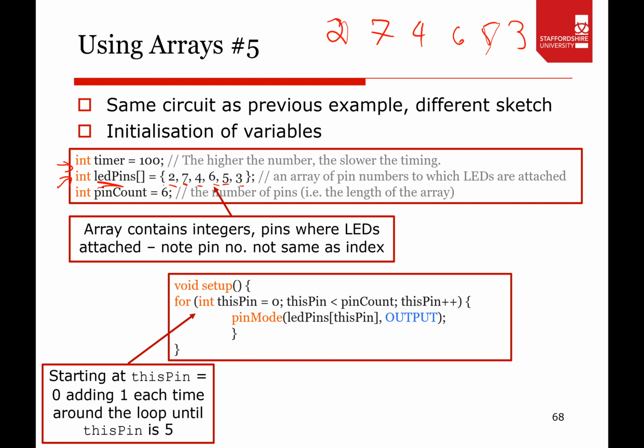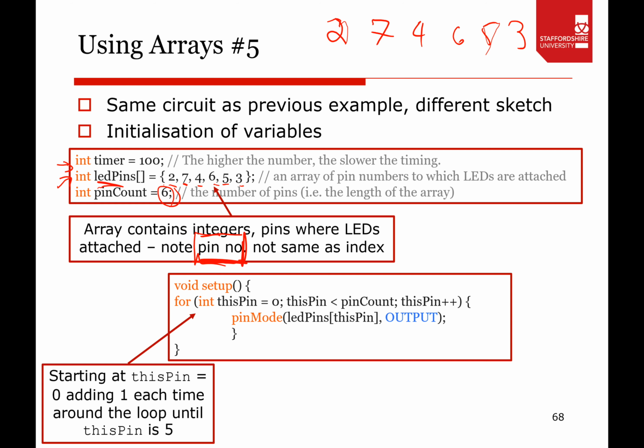All we need to know is how many pins are in the array. So we've got 1, 2, 3, 4, 5, 6 pins in the array. The array contains integers, the pins where LEDs are attached. Note, the pin number is not the same as its index.